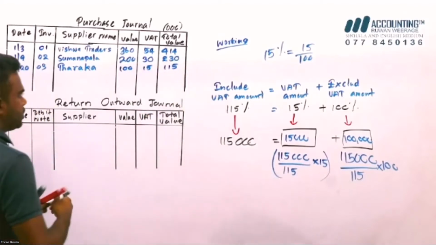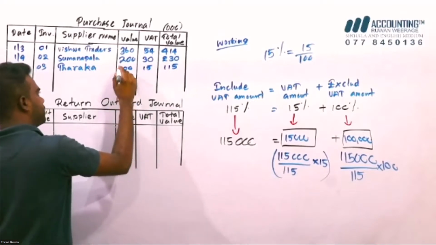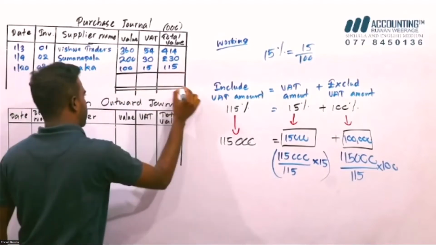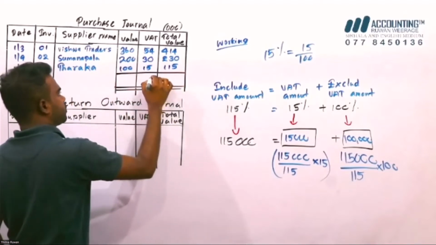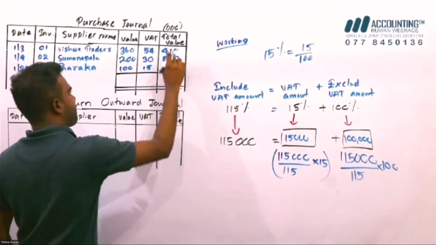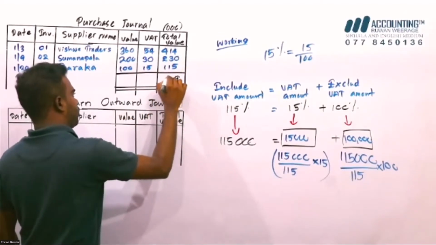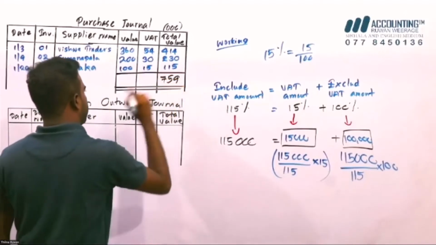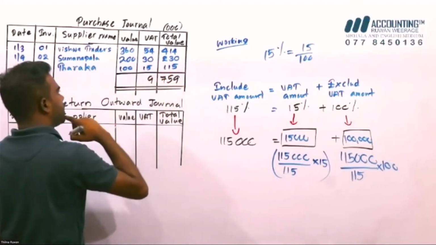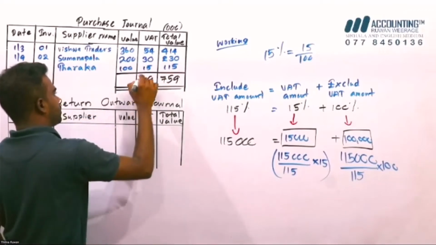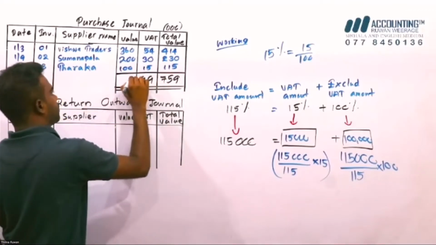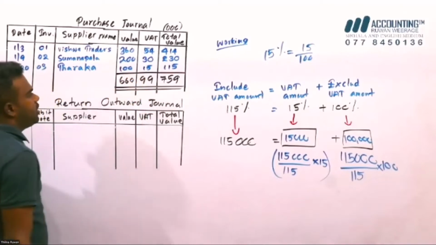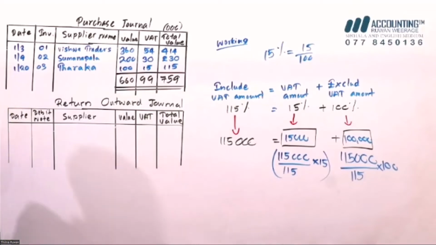Okay, get the totals and write down posted to the general ledger. Nine, five, seven, five now. Here nine, 99, six, 600, then 660.